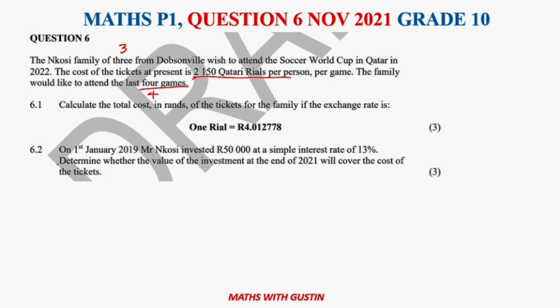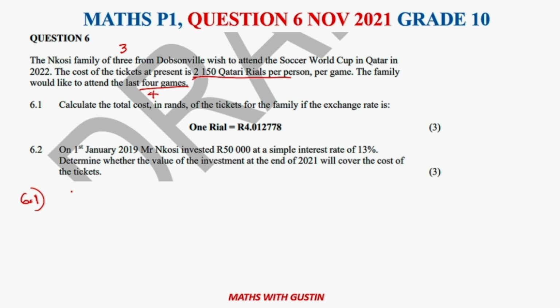So the first question, 6.1, says calculate the total cost in rands of the tickets for the family if the exchange rate is 1 riyal equals 4 rands. The first thing we need is the total amount they are going to pay as a family.